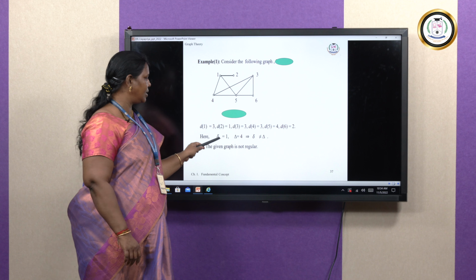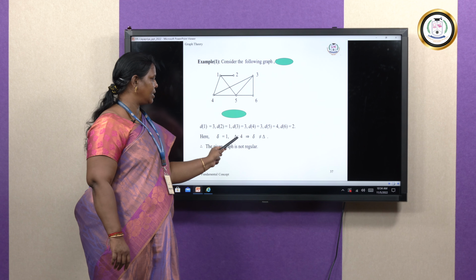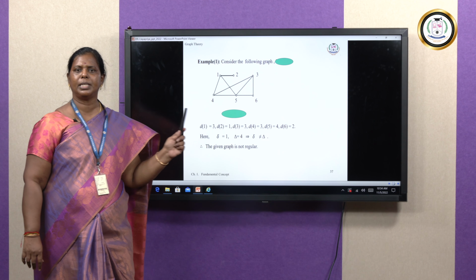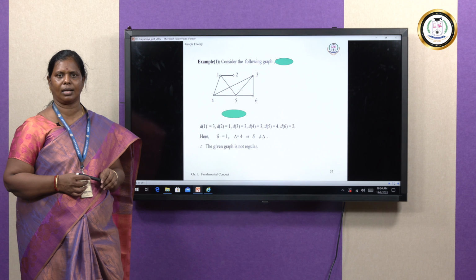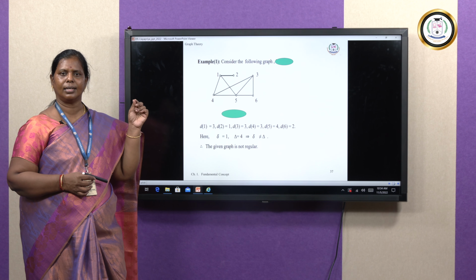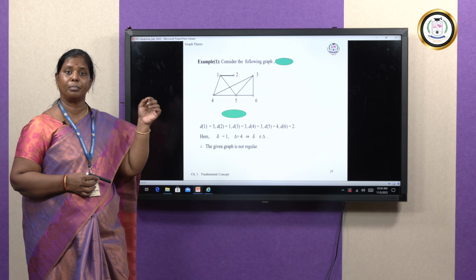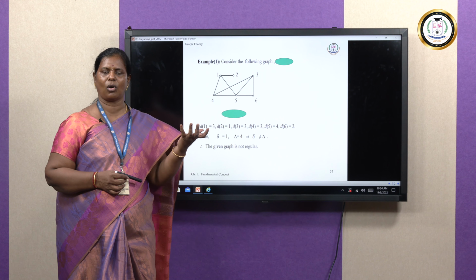So, we say delta equals 1, that is, the minimum degree is 1, and the maximum degree is 4. Here, the minimum degree and maximum degree are not equal, so the graph is not a regular graph. We call a graph regular provided the minimum degree and maximum degree are the same.